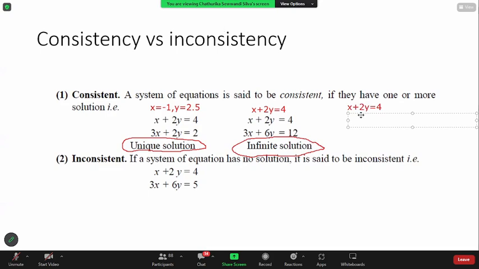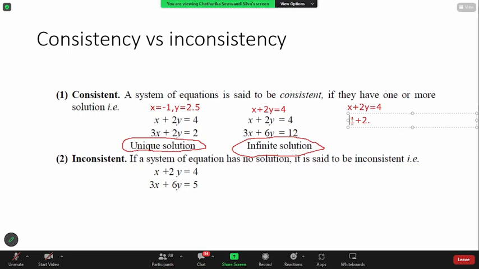You can use any possible number. Well, I think he's saying, look at this. If you put 1 for x, then 1 plus 2 times something.